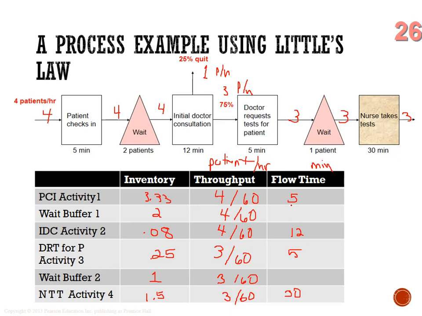Khalid, do you have a calculator handy? Oh, no. I got different numbers for inventory. For which one? I got 0.33 for the first one, and then 0.8 for the second. Okay, so 4 divided by 60 is 0.06, times 5 is 0.33.